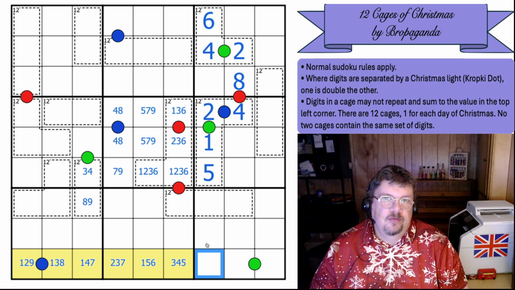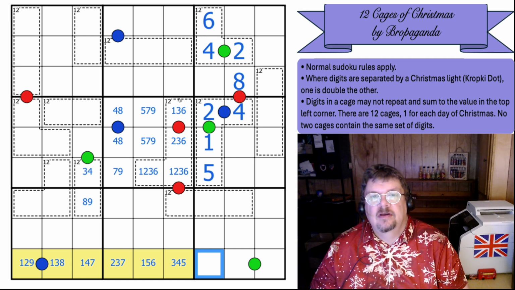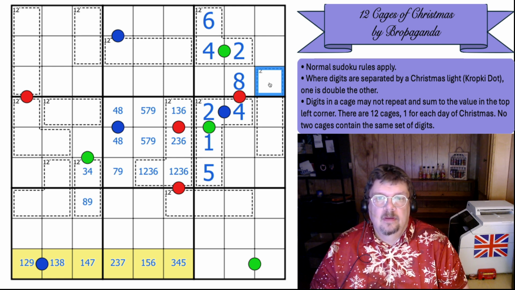Or I can have 0 odd digits. But the only 0 odd digit option is 2, 4, 6, which we've already used. So given that all of our even digits are used in this box, this must be an odd digit. Therefore, the even digit is in one of those two and must be either 6 or 8.